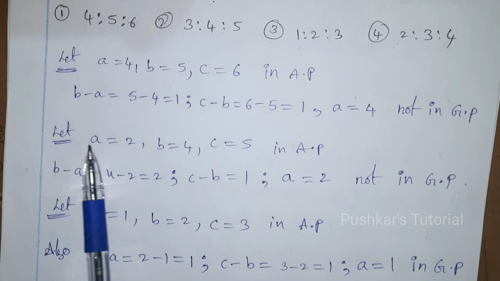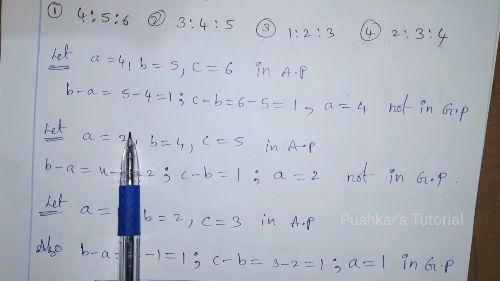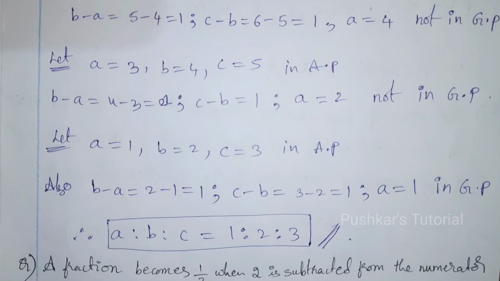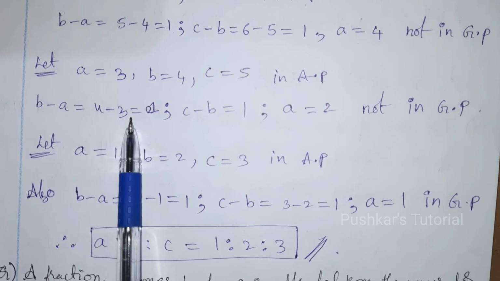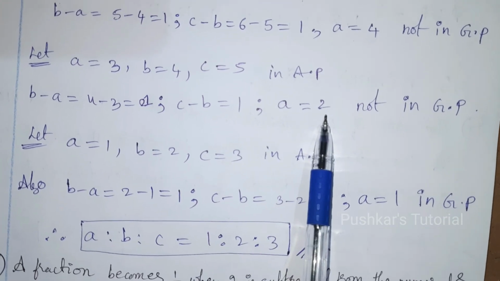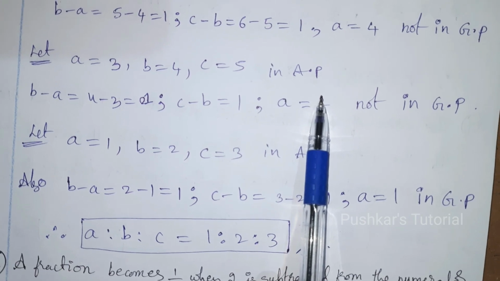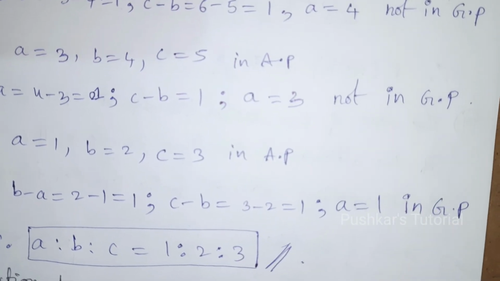We'll check the second option. A is 3, B is 4, C is 5, which are in AP. Next B minus A means 4 minus 3 is 1. C minus B is also 1. But A value here is 3. So it is not in GP. Next, coming to the third option.